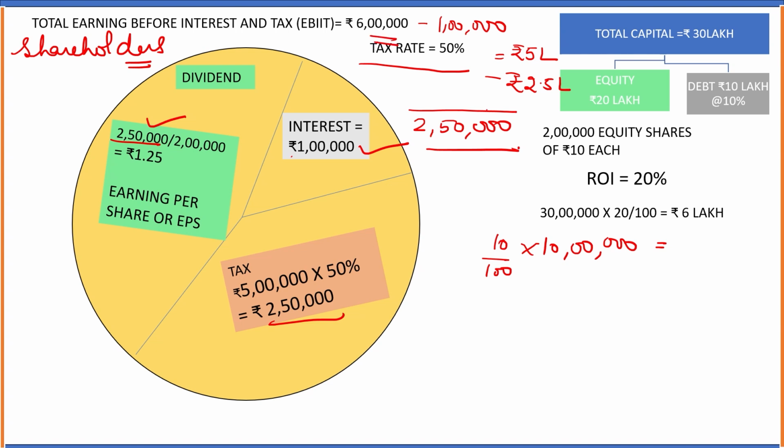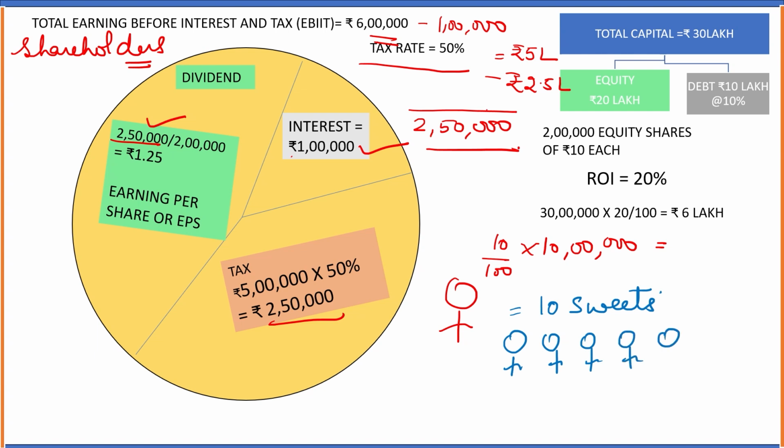Now, how is the dividend divided? Let's assume that there is a lady and she has got 10 sweets with her and she has 5 little children, and she decides to give equal amount of sweets to each one of them. So each child is going to get 2 sweets.